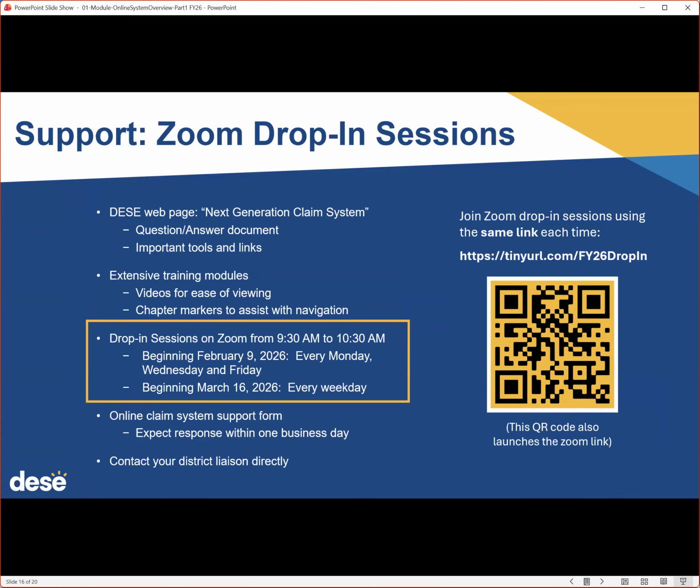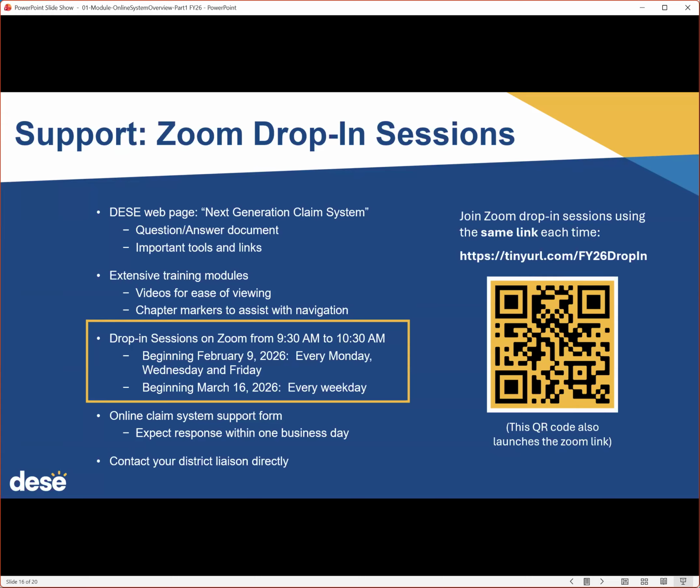For extraordinary relief, we're also picking up our regular Zoom drop-in sessions to support districts. We'll be doing those from 9:30 to 10:30 every Monday, Wednesday, and Friday, beginning February 9th. Then closer to the extraordinary relief deadline, so beginning March 16th, we will move those Zoom drop-in sessions to every weekday. You can join us for the whole hour or for any amount of time that you have just to pop in and ask a question.